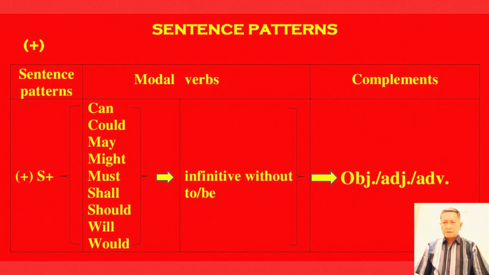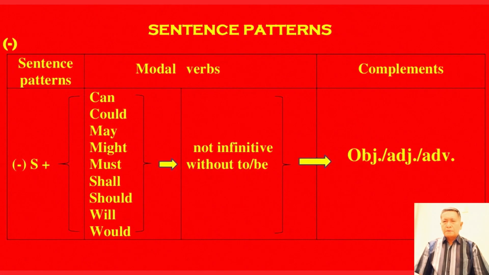Positive sentence: subject plus modal, can, could, may, might, must, shall, should, will, or would, plus infinitive without to or be, plus complements, objects, adjectives, or adverb.